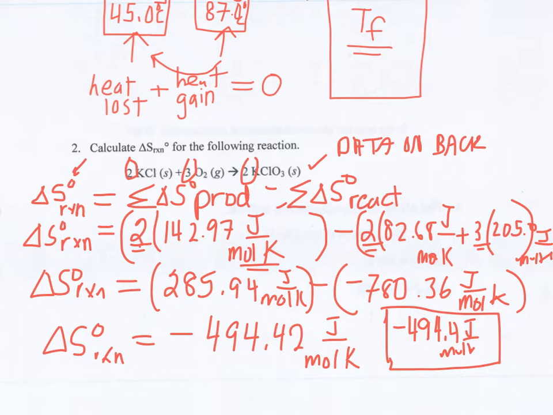Gas has a very high entropy. So those two combined produce 2 moles of solid. So most definitely the entropy is decreasing because you're losing gas. So entropy is definitely decreasing. So our answer with a negative sign is very consistent with what is actually happening in the reaction.